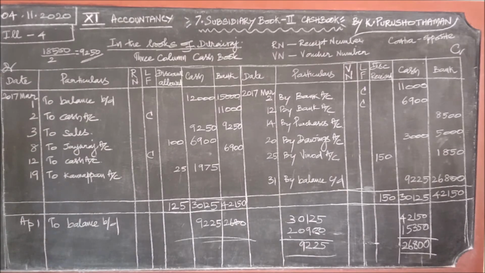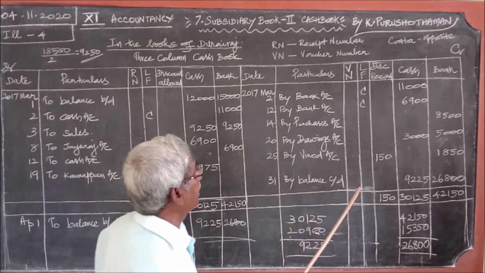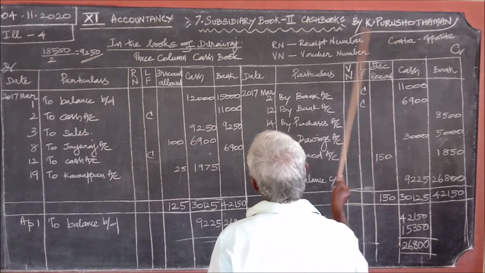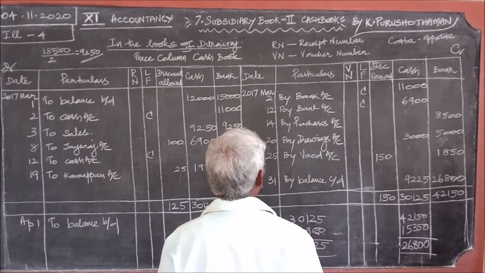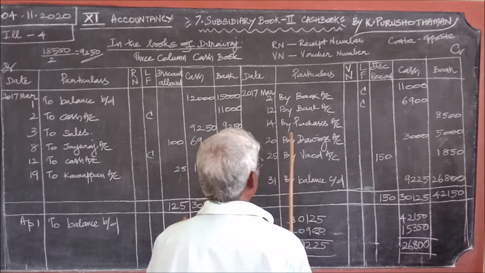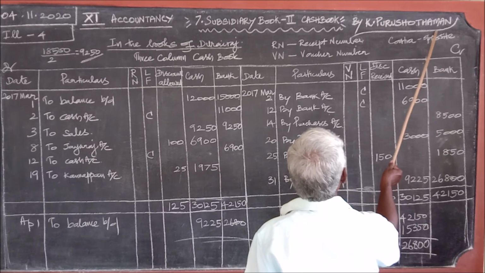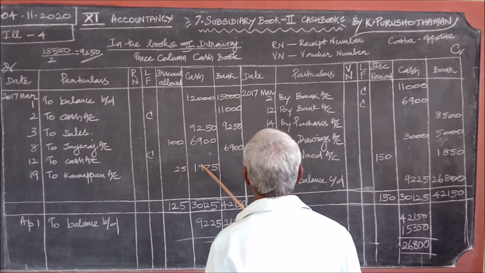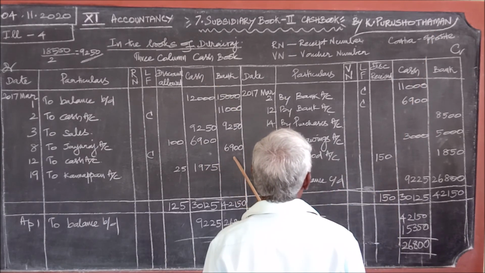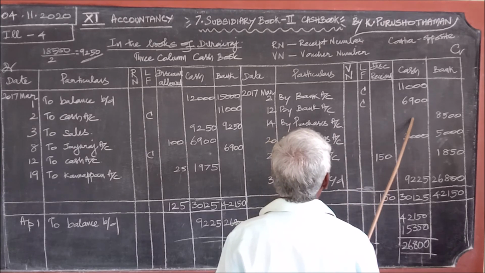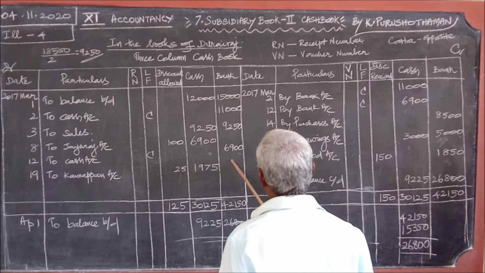Whereas in the 3 column cash book, when the money is deposited into the bank, cash goes out of the business and comes into the bank. When an amount is withdrawn from the bank, the amount goes out and the cash comes in. See, listen carefully. Bank la panam podum business la cash velila pogum, bank kulla varum.